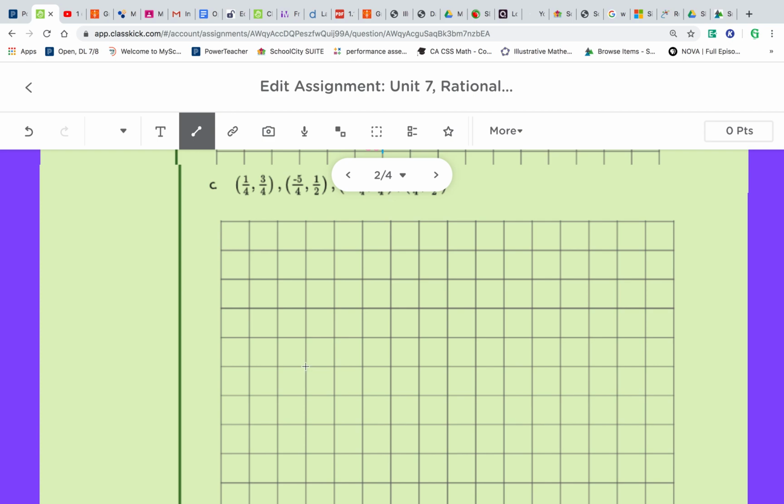So if we start here, for example, this would be negative 2, which would be negative 8/4. Because 8 divided by 4 is 2.